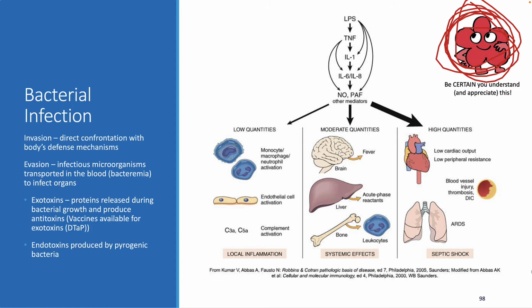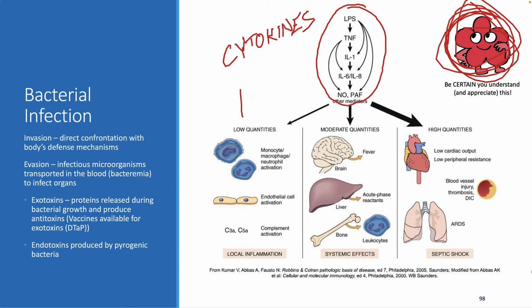Remember all of these cytokines here, right? Cytokines should be at low quantities in local tissue. And when they are, they pull in monocytes, macrophages, neutrophils, and activate them. They activate endothelial cells. They activate complement, and that results in local inflammatory condition.